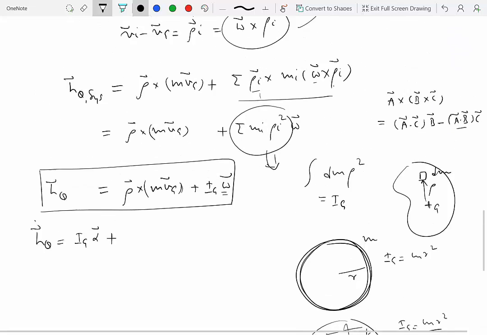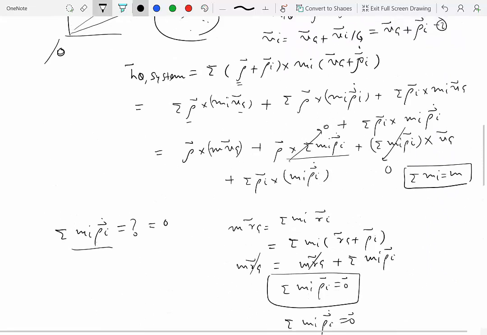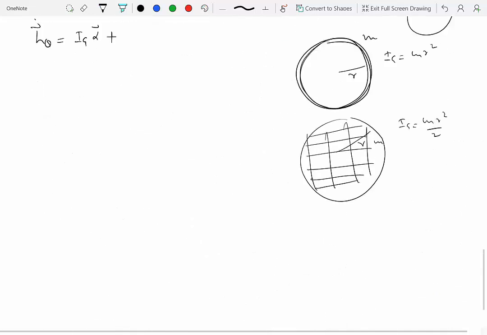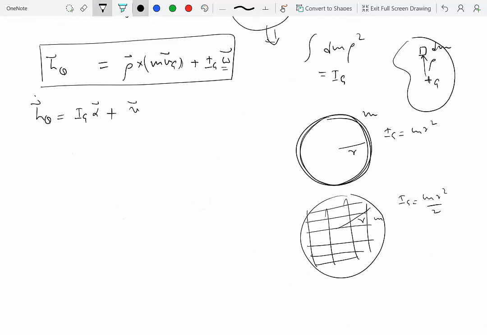So rho is the position vector of the center of mass with respect to Q, so its derivative is actually going to be v_g minus v_Q, because that's rho dot, g cross m v_g, plus rho cross m times the acceleration of the center of mass, right?